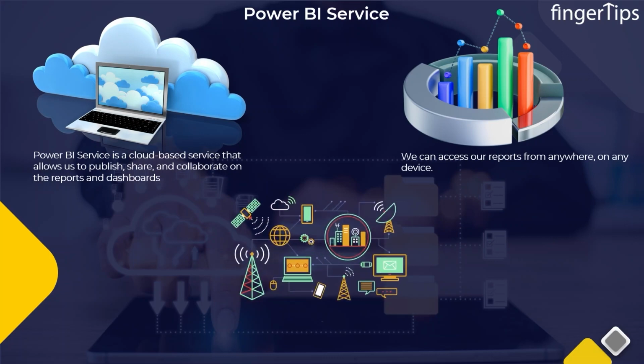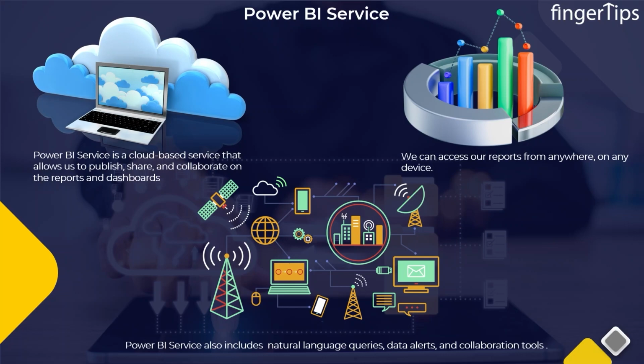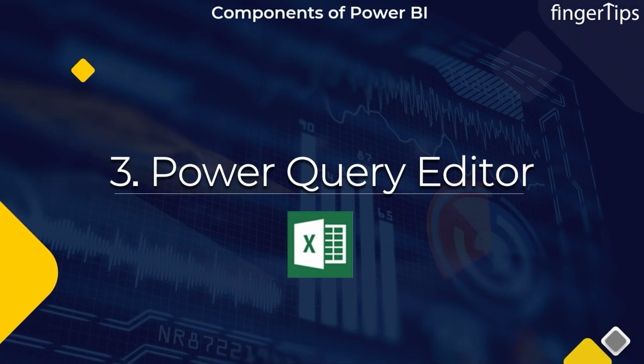Power BI Service also includes features such as natural language queries, data alerts and collaboration tools that makes it easier for teams to work together on data analysis projects. After Power BI Service, we have Power Query Editor.